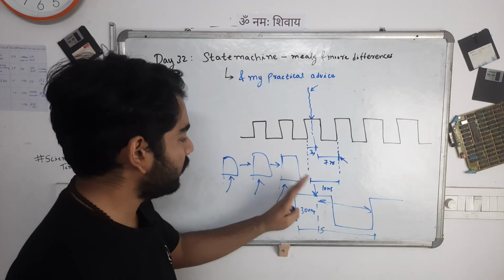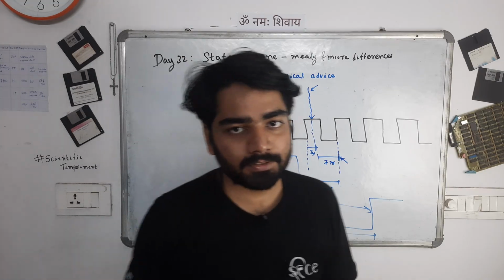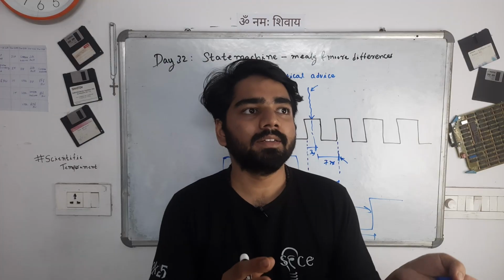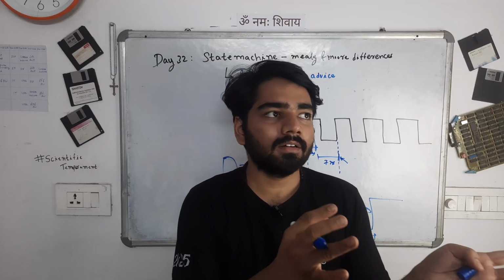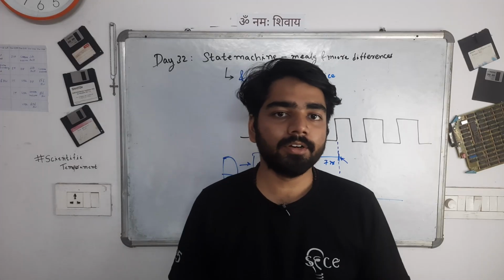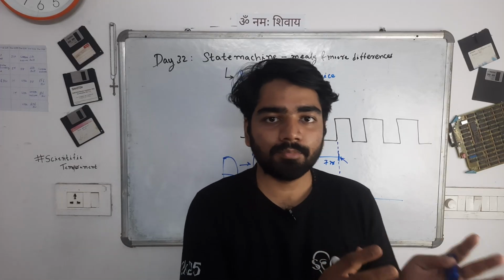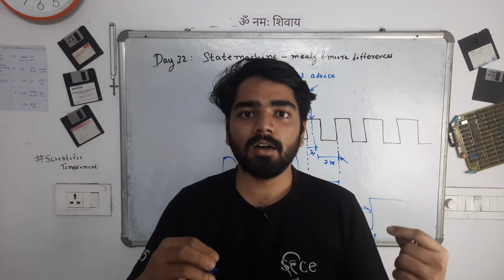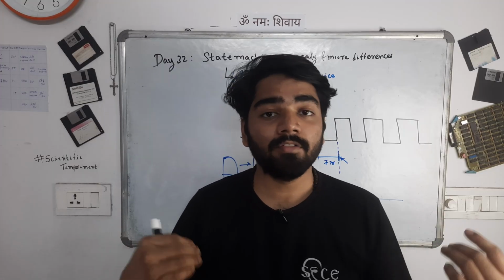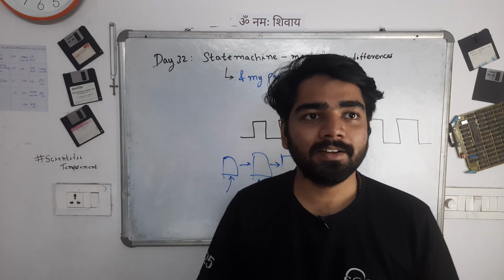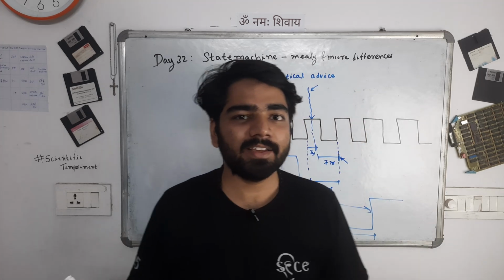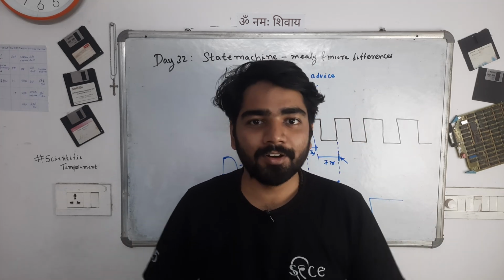For these kinds of applications you can simply use a state machine, because state machines help you break the problem statement into chunks, different steps. In the coming videos we'll be segmenting the problem statements, and we'll process each segment based on what state we are in. That is how we'll be using state machines, rather than getting too theoretical and caring too much about the format of the state machines.